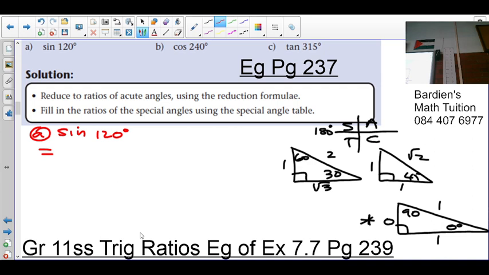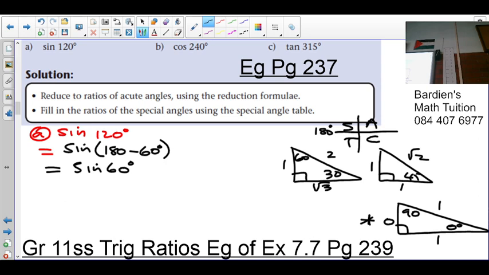So it's 180 minus 60 degrees. Is sine positive or negative in the second quadrant? Positive. So it's sine of 60.